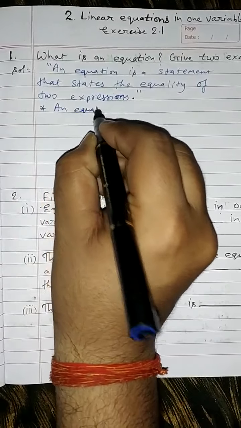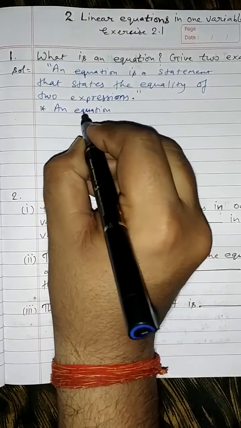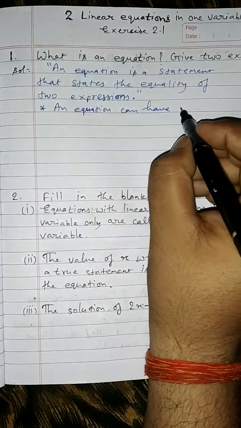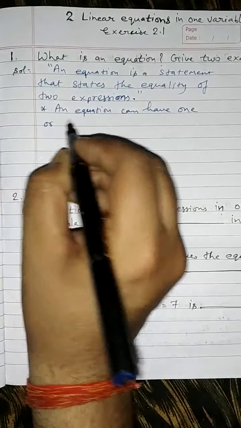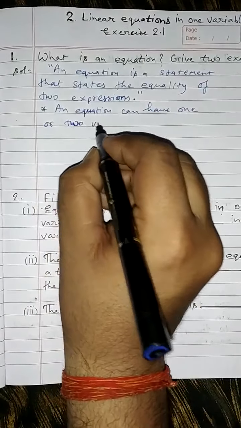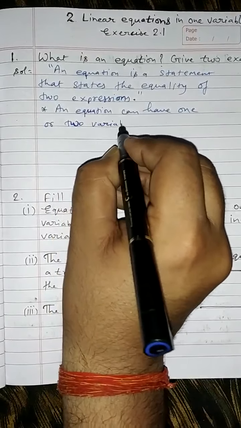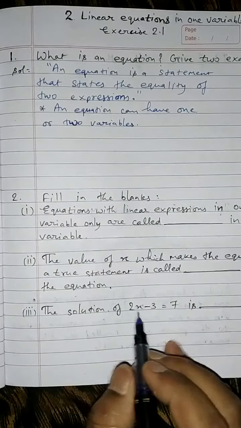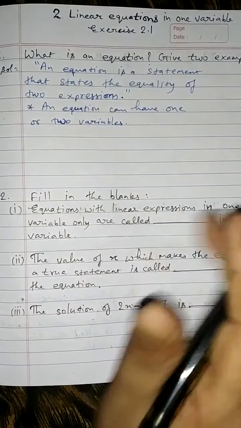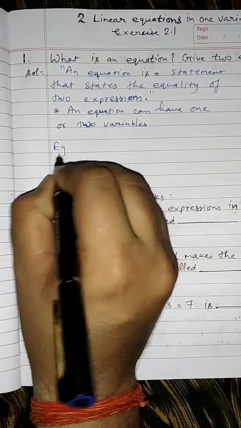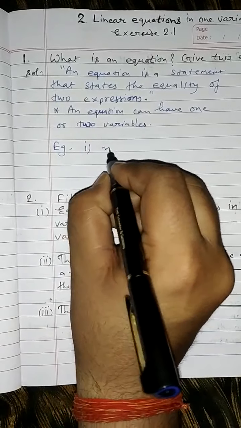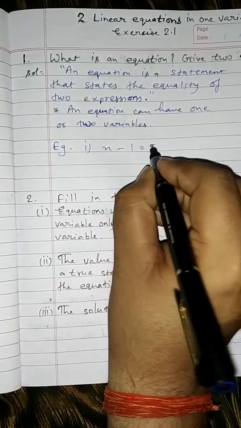An equation can have one or two variables. Okay, so let us have two examples. First example is suppose x minus 1 is equal to 5.